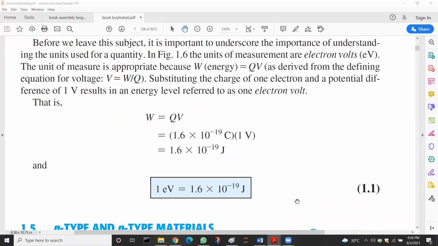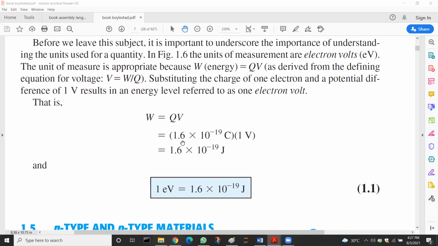The value of one electron volt is derived with this formula, W is equal to QV, where Q represents the charge, V represents the voltage, and W represents the energy.